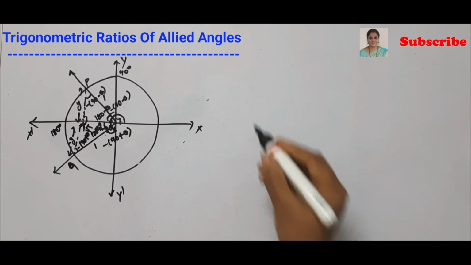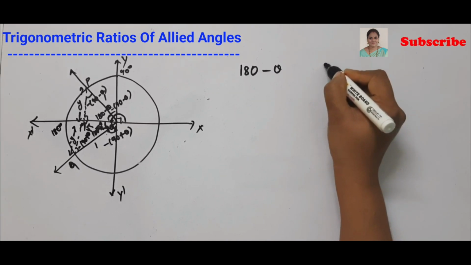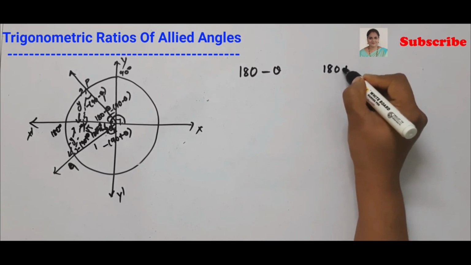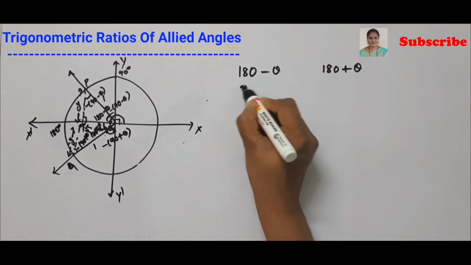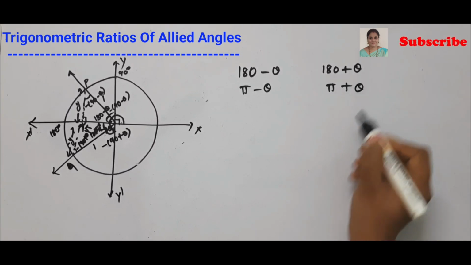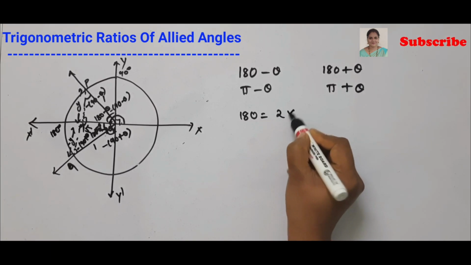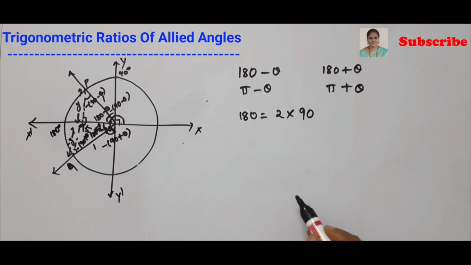Now 180 plus theta, 180 minus theta and 180 plus theta in radians can be written as pi minus theta, pi plus theta. This 180 can be written as 2 into 90, is it not?